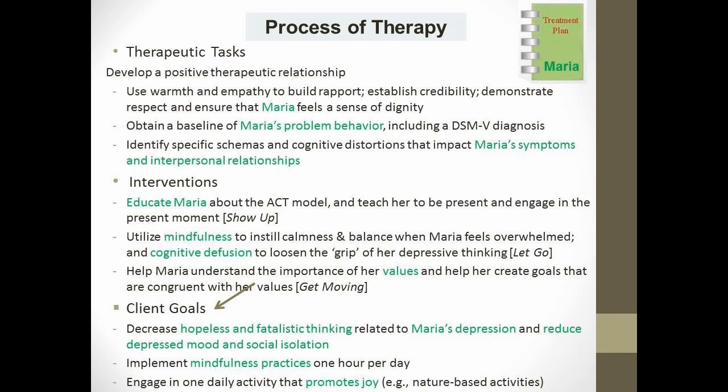Now, since the goals are mutually agreed upon by the client and therapist, it is hoped that the client will be committed to achieving goals both in and outside the therapy session.